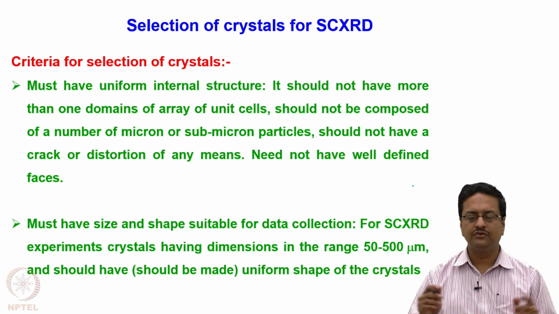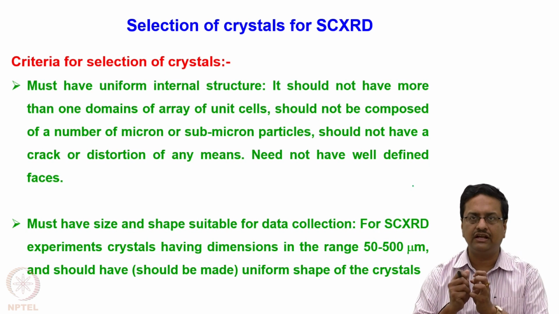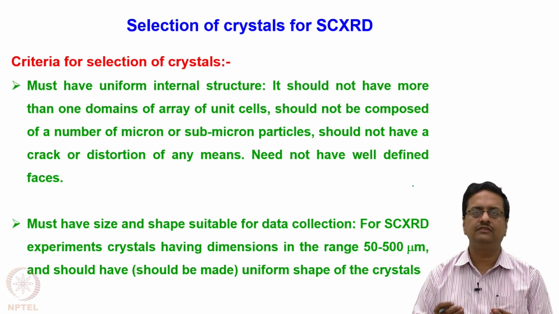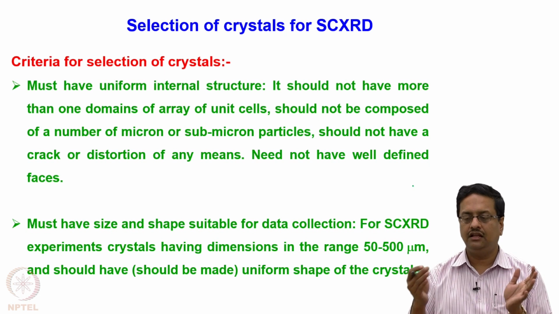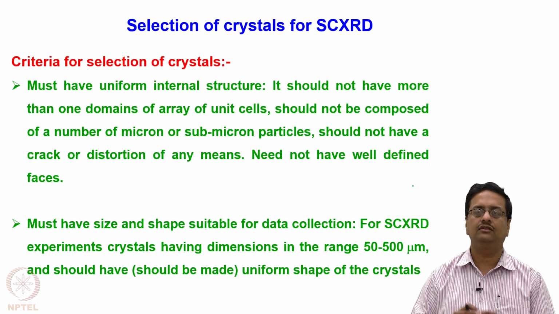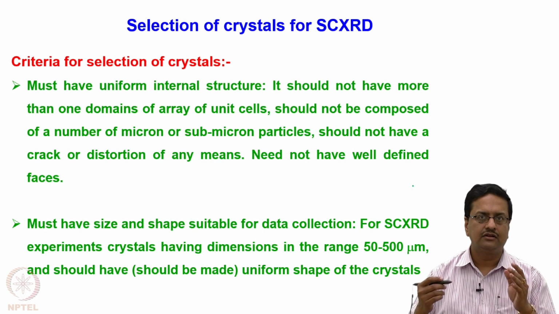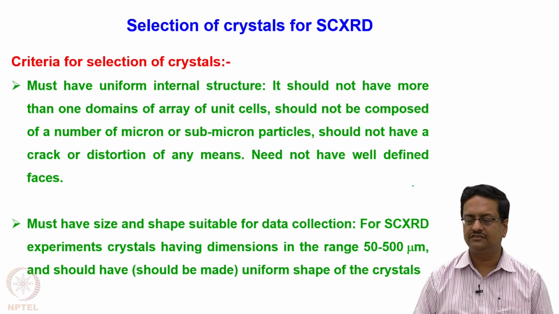It should not be composed of a large number of micron-sized particles joined together, because in that case those particles will be individual crystals oriented in random direction, and they will then diffract in all possible directions and we will not be able to index the pattern if it is a composite of a large number of tiny micron-sized crystals.